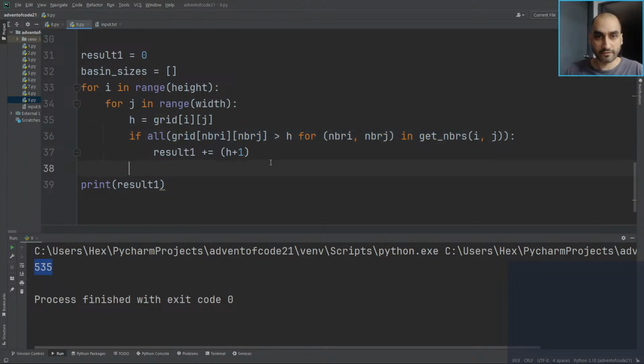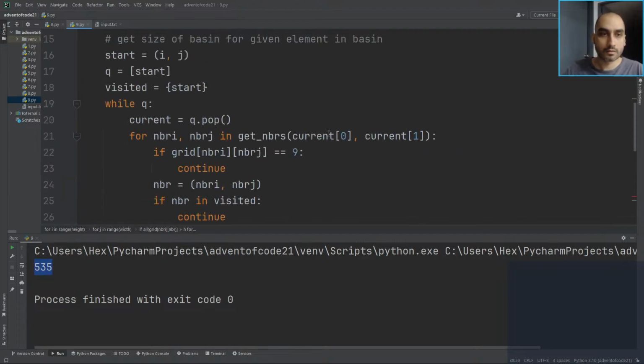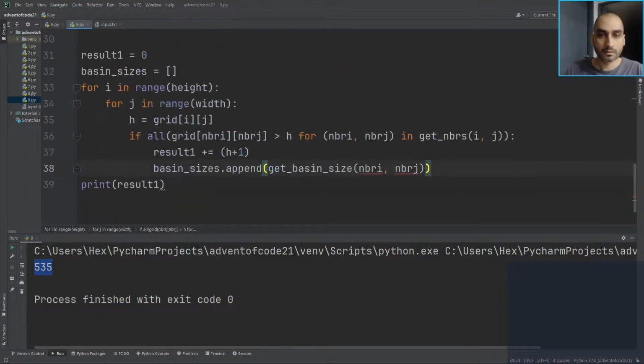So we found a trough. We just want to do basin sizes dot append get basin size neighbor I neighbor j. No, I for ij.